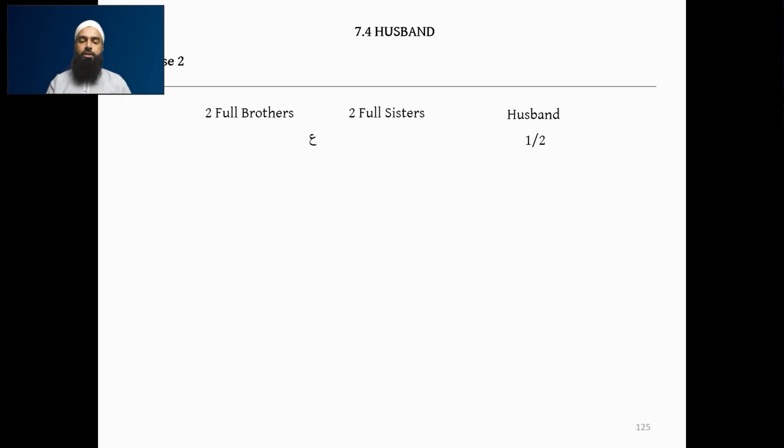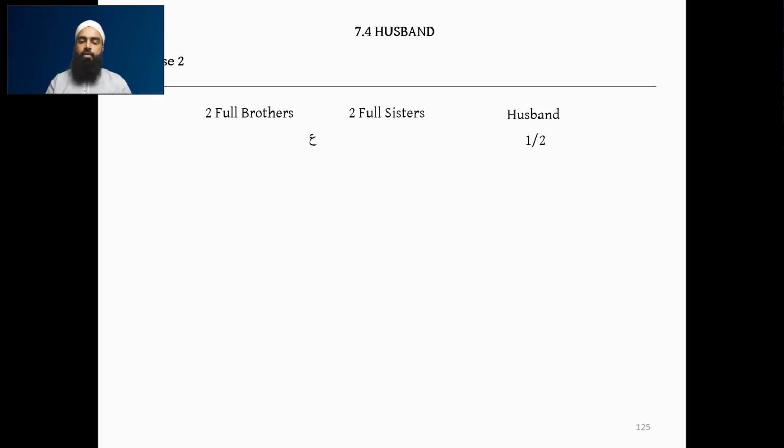Exercise 2 is husband, 2 full sisters, 2 full brothers. What happens in this case? Now to reveal the answer, husband, because there are no children, receives a half. 2 full sisters and 2 full brothers together will become agnatic shareholders, where the brothers will receive double the share of their sisters.